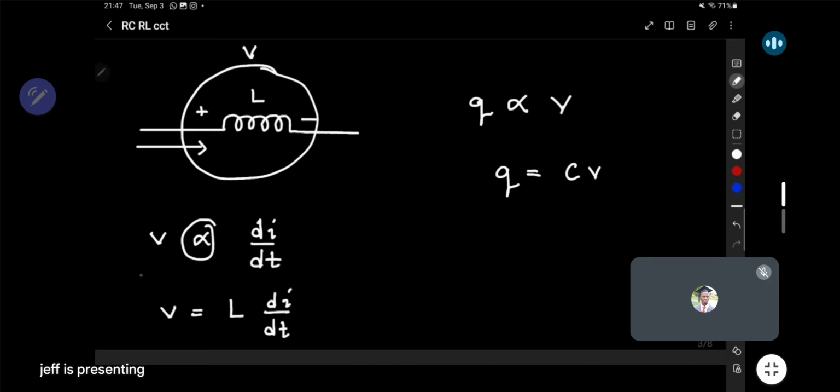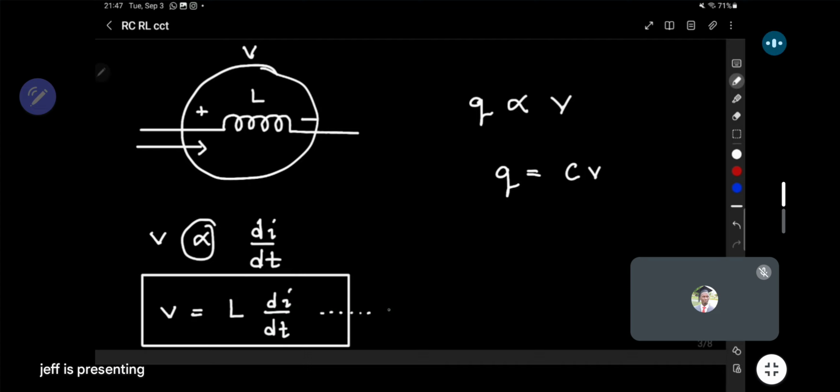Notice that just from the definition of what the inductor does, we come up with an equation for an inductor that kind of looks like equation 2 for a capacitor. For a capacitor, we had this from the definition, and we ended up with I equals C dV dt after differentiating.